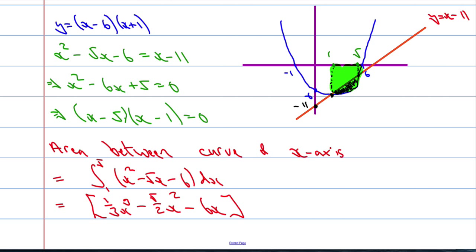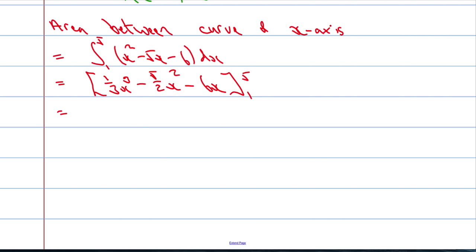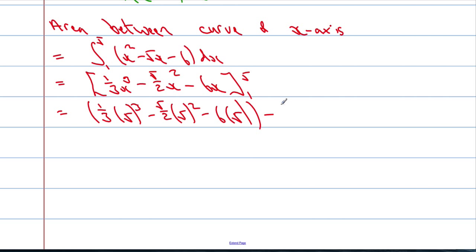So integrating that, and we need to evaluate between 1 and 5, which will equal 1 over 3 times 5 cubed minus 5 over 2 times 5 squared minus 6 times 5. And we need to take away the lower bound, so putting that in now as well: 1 over 3 times 1 cubed minus 5 over 2 times 1 squared minus 6 times 1.